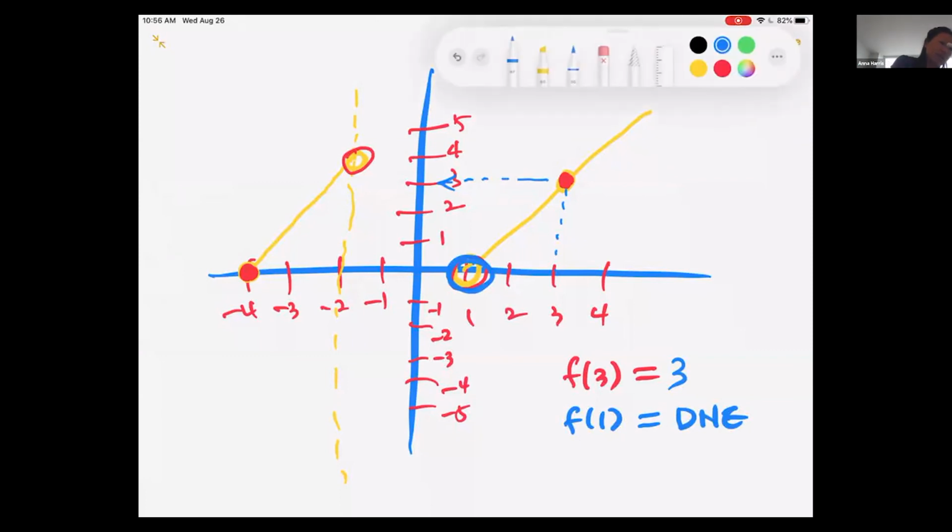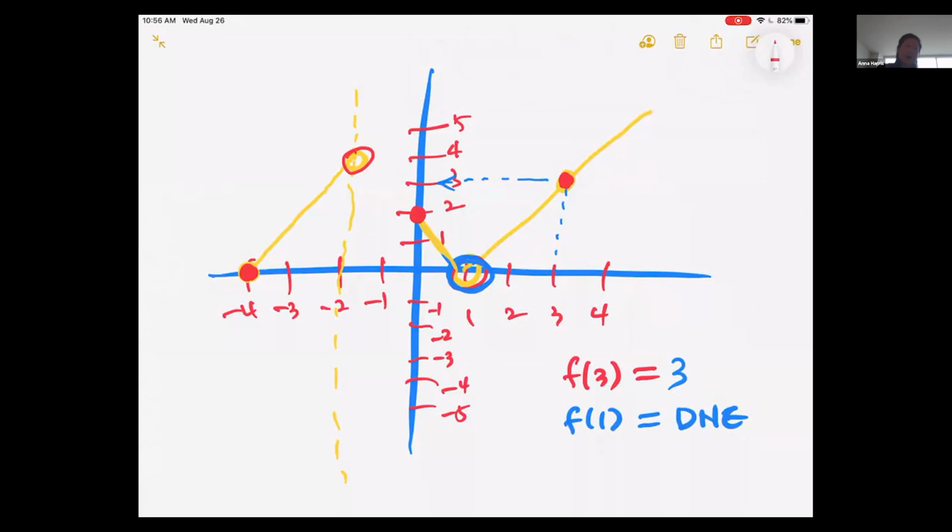Okay, I'm gonna finish my graph. This is my graph. Did you see the yellow line? That's my graph.